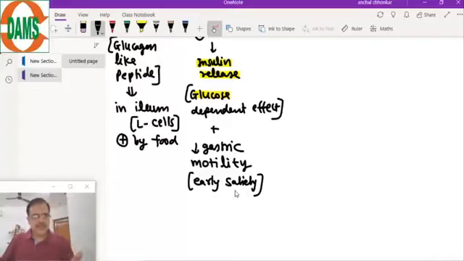So this is released in response to the food that we are taking, and it is responsible for a graph you must have seen, where the same amount of glucose is taken orally or IV.